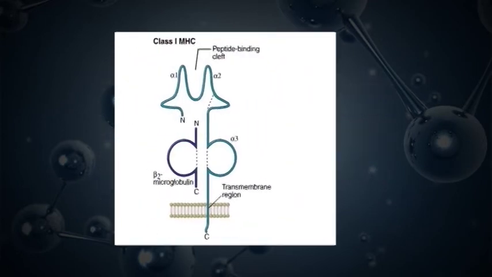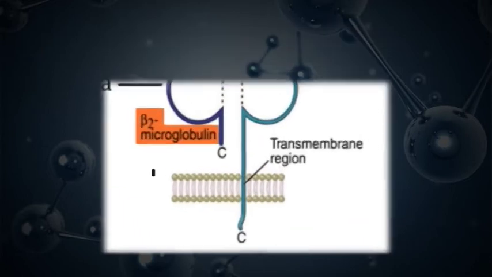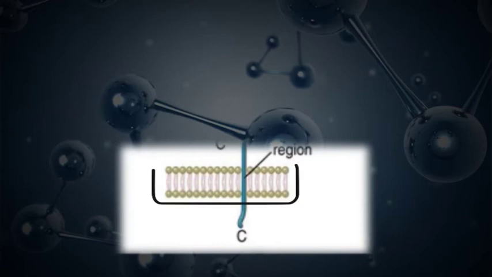It consists of a heavy polypeptide chain of 44 kilodalton non-covalently linked to a smaller 12 kilodalton polypeptide called beta-2 microglobulin. The largest part of the heavy chain is organized into 3 globular domains which protrude from the cell surface. A hydrophobic section anchors the molecule in the membrane, and a short hydrophilic sequence carries the C-terminus into the cytoplasm.